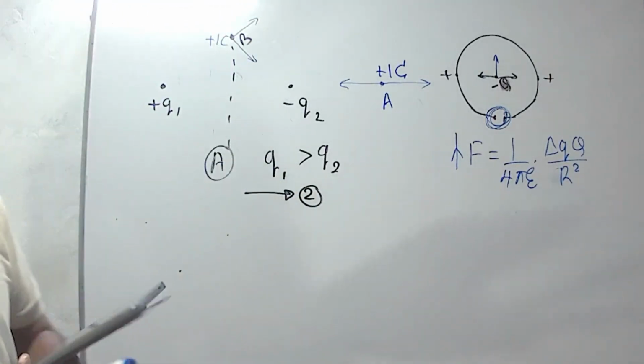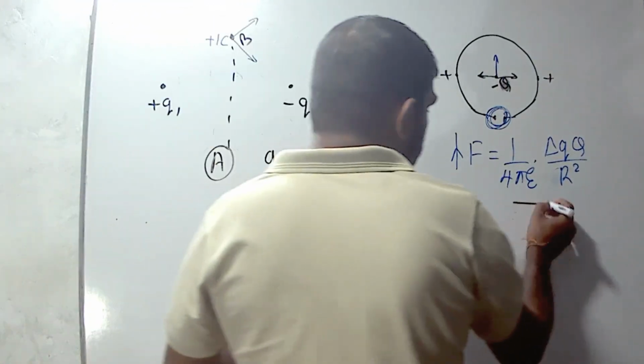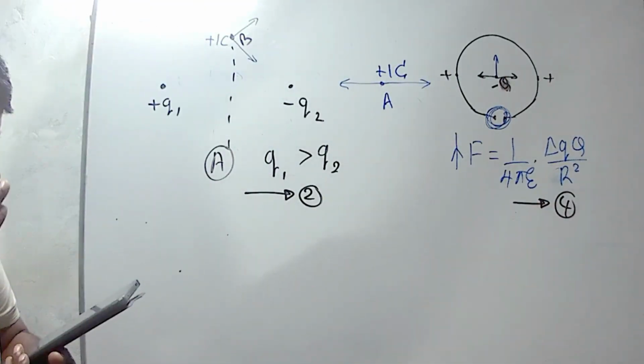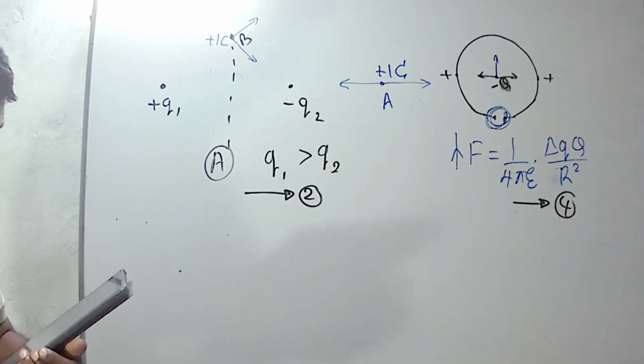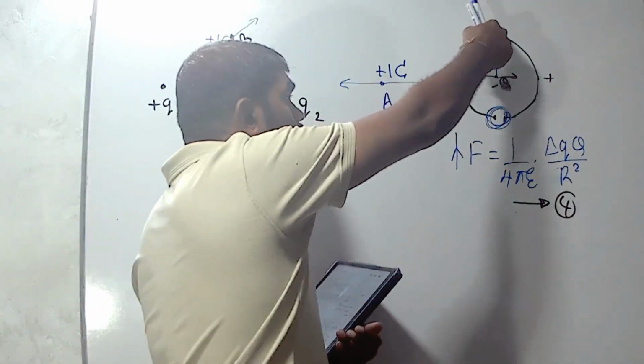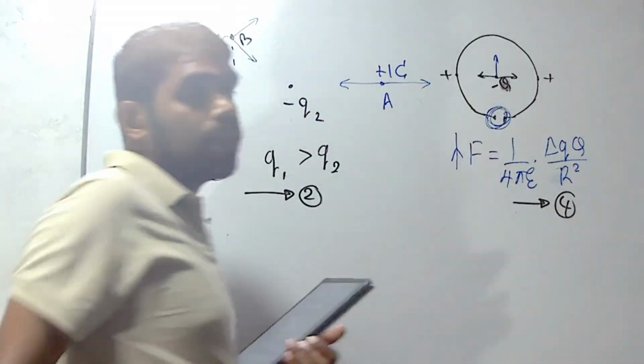Then we can get the fourth one is the correct answer. In the fifth one, they have given the minus y direction. The resultant force should be upward because there is an attraction to the plus charge and this minus charge between.